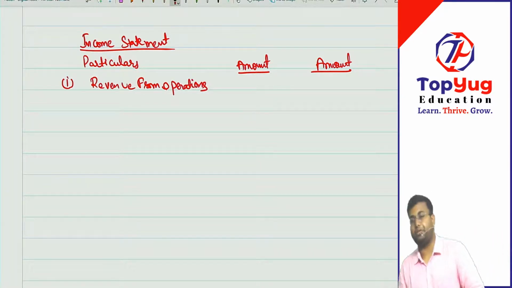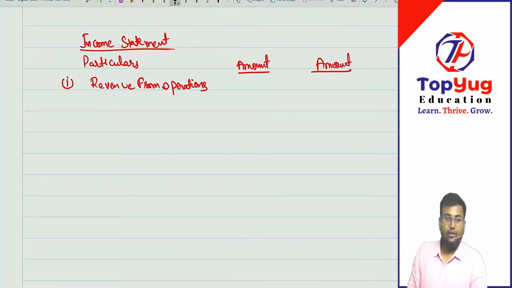Revenue from operations, right? That means what is the total money which you are generating out of the business, that is called revenue from operations. In your layman's term, you can also call this as sales, turnover, whatever it is.